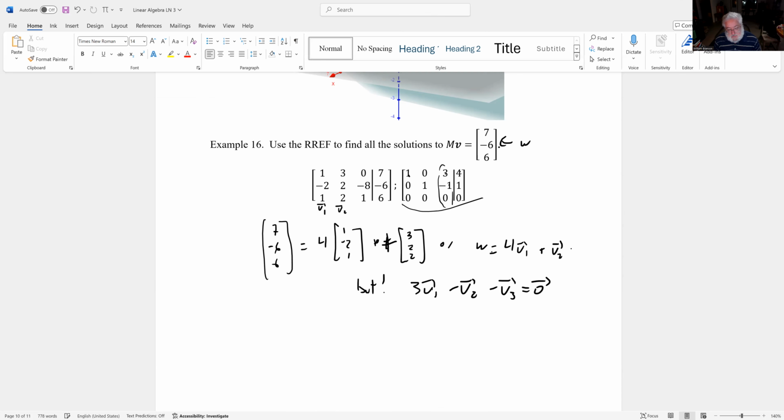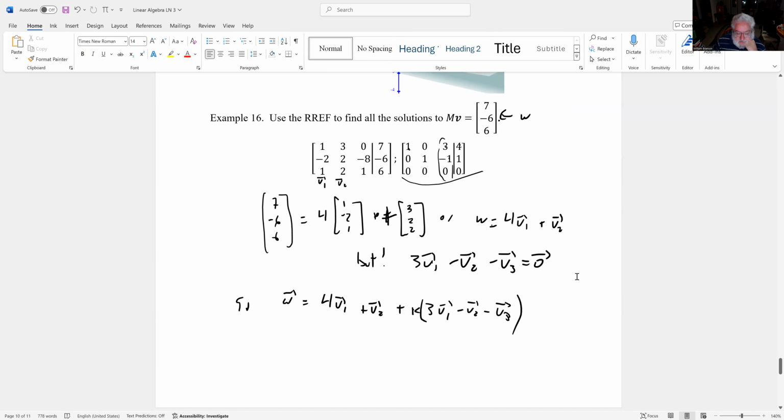So what is W? W is 4V1 plus V2 plus, well, this is the 0 vector, so adding the 0 vector on doesn't change anything. And multiplying a 0 vector by a constant doesn't change anything either. It's still just 0. So W can be rewritten like that.